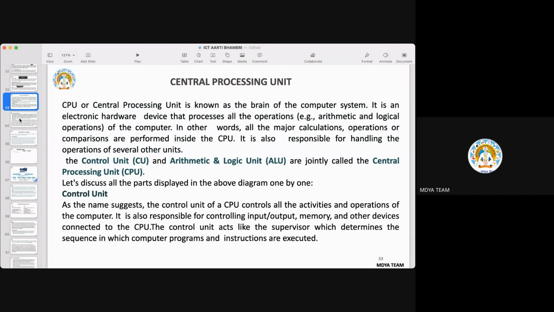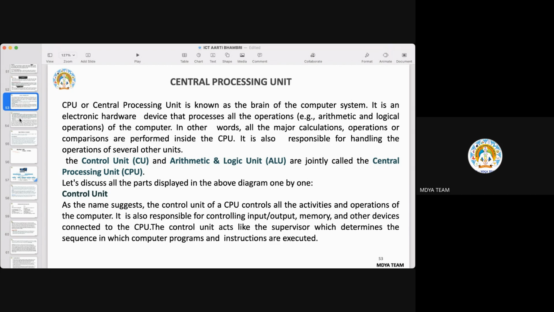So you can just imagine a block diagram where one block is for the input device, and then the arrow goes to another block, which is the CPU, that is the central processing unit, and then this arrow goes to another block, which is the output device. So in the center, in between the input and output device, there is a block which is the CPU. Now this CPU contains three units: the control unit, the arithmetic and logic unit, and the memory unit.